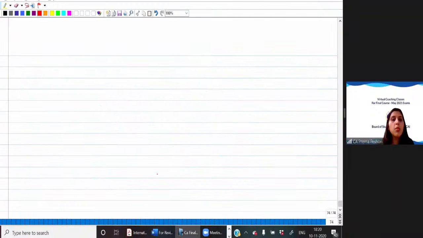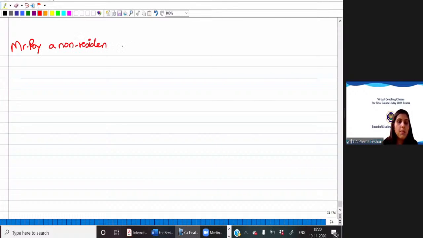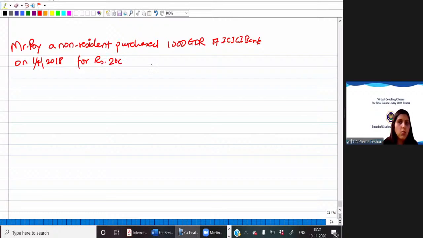Let's solve one more sum on ADR GDR. Mr. Roy, a non-resident, purchased 1000 GDR of ICICI Bank on 1st April 2018 for rupees 2000 each.